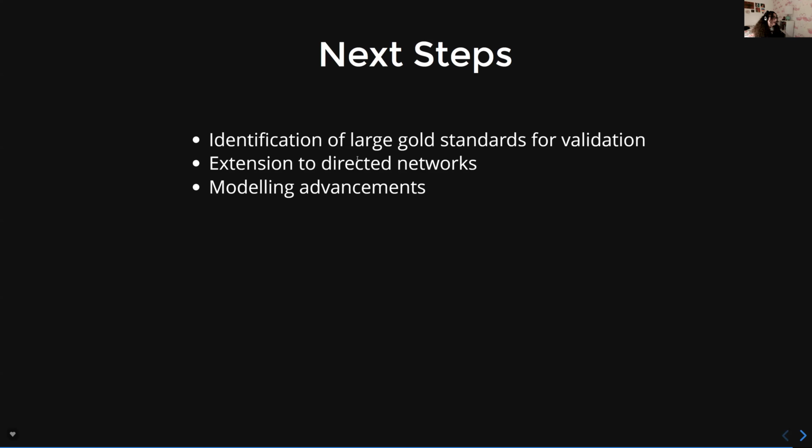And then we will extend this to directed networks, because this was all for undirected ones. And we're currently working on some modeling advancements, just little changes in observation and the model. So I guess this is all I wanted to tell you. Thank you very much for listening.